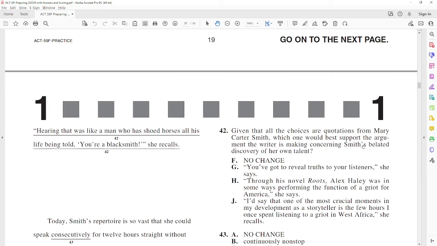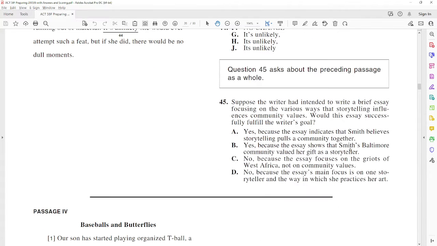The goal says various ways that storytelling influences community values. It may have mentioned it at one point, the importance of storytelling and how it influences community values, but that's not what the whole essay is about. The whole essay is about Mary Carter Smith being a storyteller. So it doesn't match.